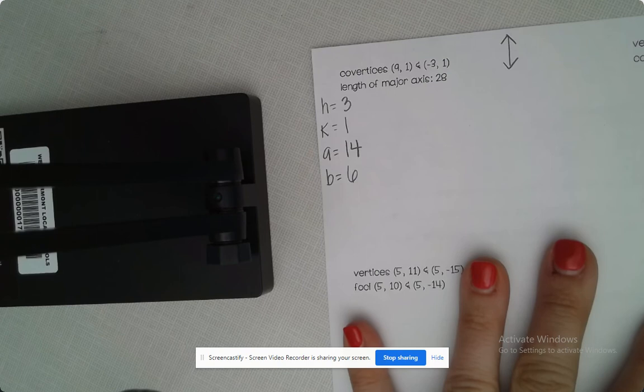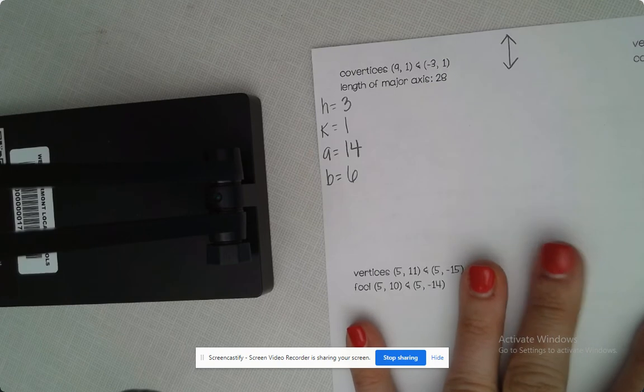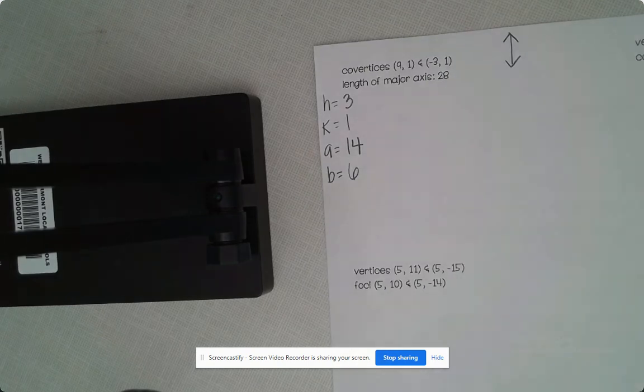Your center is always where your major and your minor axis meet, which is the midpoint. So you find the midpoint. So 9 plus negative 3 is 6, and 6 divided by 2 is 3.